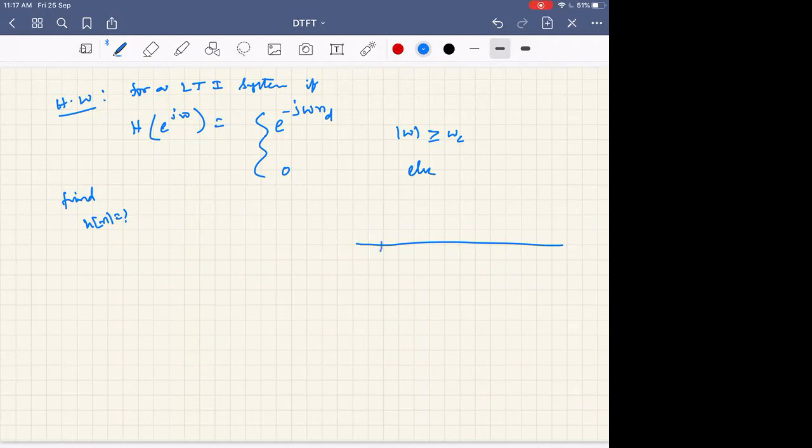Very good. We only need to plot from minus pi to pi. Why? Because this is all discrete time Fourier transform, so it is periodic with period 2 pi. So we should plot from here to here. Let this place be minus omega c, and this place be omega c. Now tell me, how should I plot this?